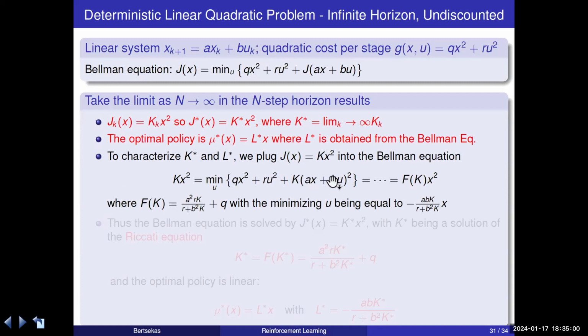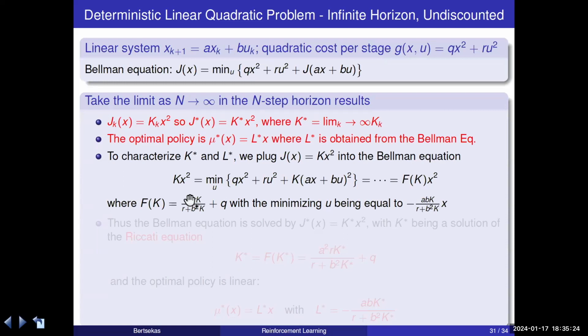So after you do all that, and take the derivative and set it to zero in the way that we have done in our earlier calculations, you obtain in the end that K is equal to this function here of K. K is equal to this expression here.